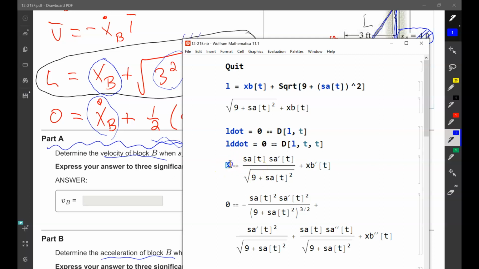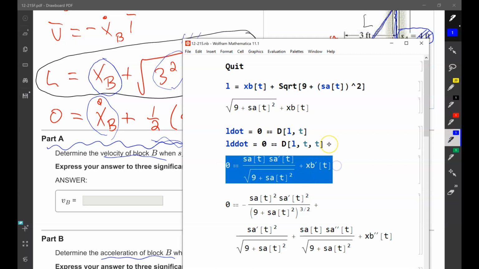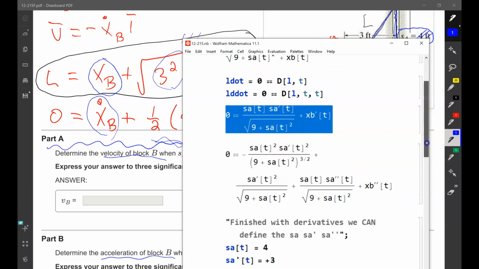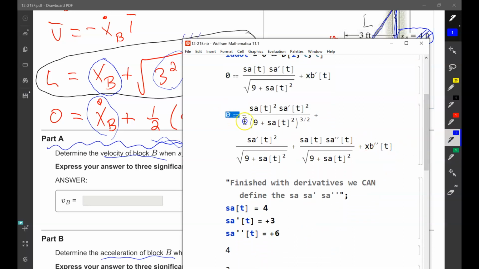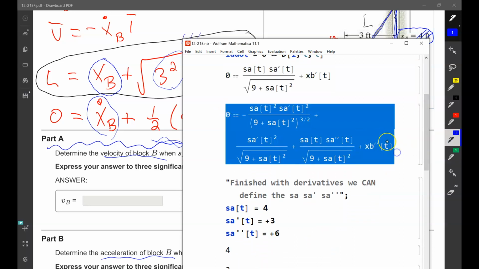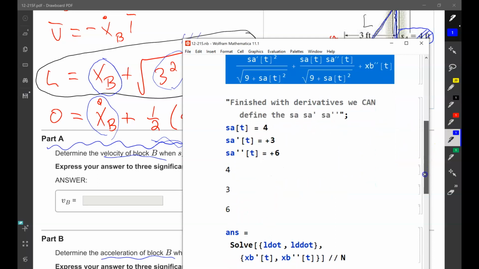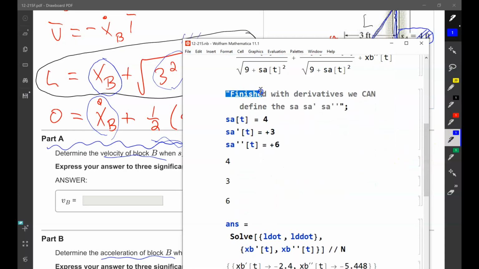And if you notice, this is the derivative that we got when we did it by hand. This is the derivative I didn't want to do by hand, but Mathematica does it quite easily. So you have a first derivative and a second derivative. Since we're finished with all of our taking derivatives, it's possible to define what the SAs are now.